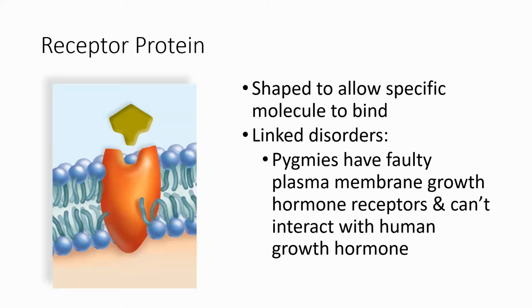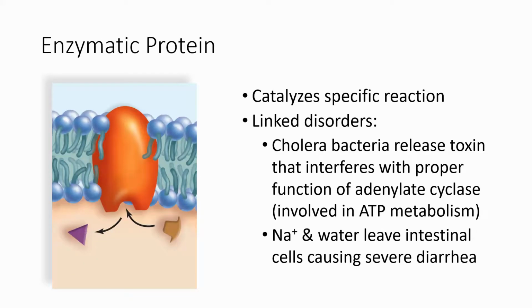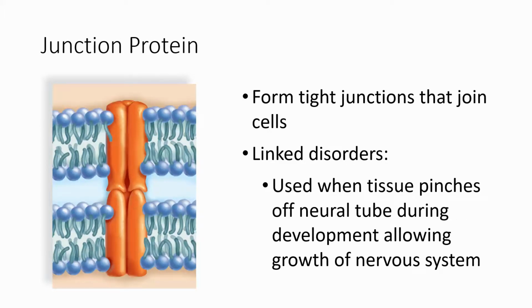So while their body is producing the signal to grow taller with the human growth hormone, their cells are incapable of responding to it. There are enzymatic proteins that are enzymes that just happen to be stuck in the cell membrane. We are going to talk about these quite a bit when we talk about cell respiration and photosynthesis. Junction proteins are going to basically very tightly hold together cells.